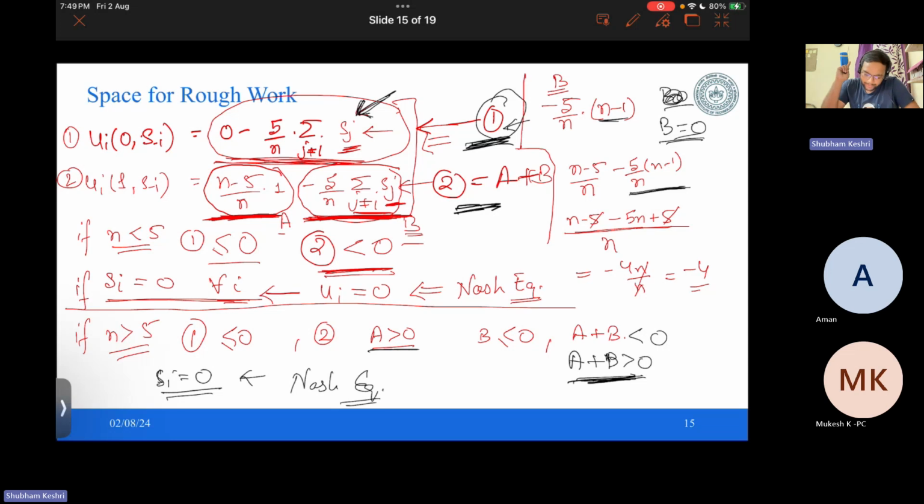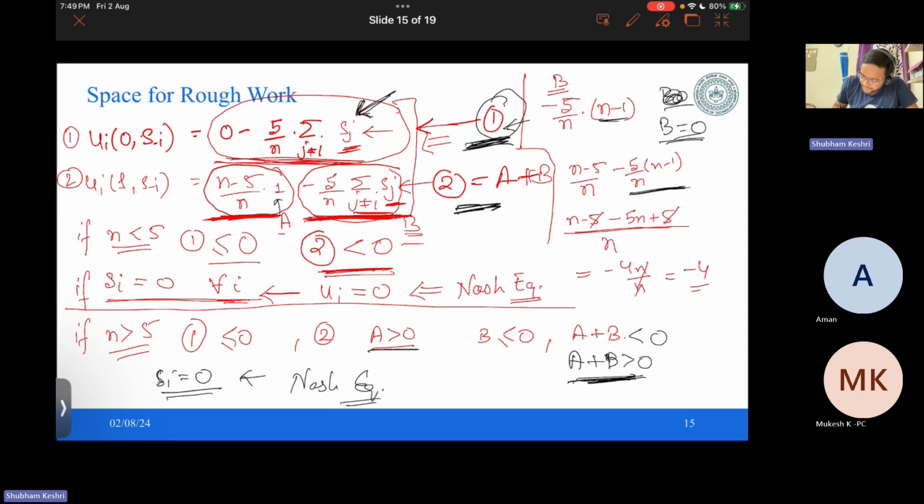Okay, so you're saying SI is 1, so term A will be 1, because all other guys are playing 0. Right. So what I'm saying is, again, I was wrong.